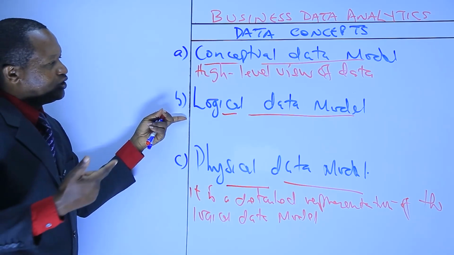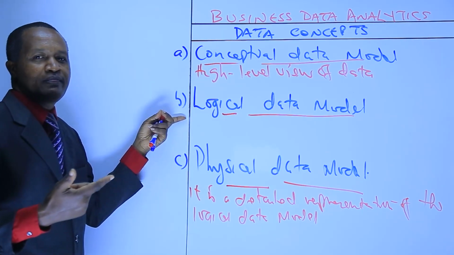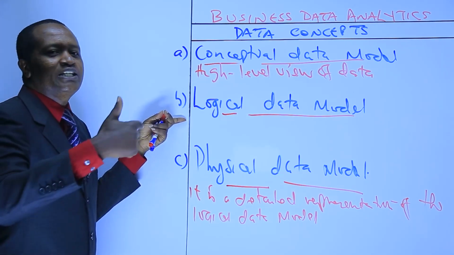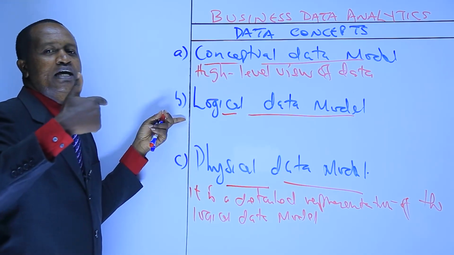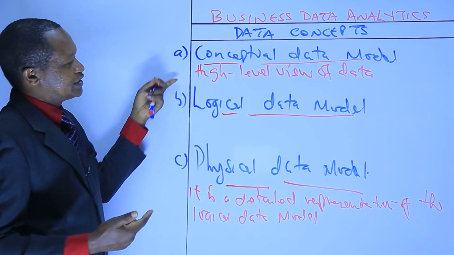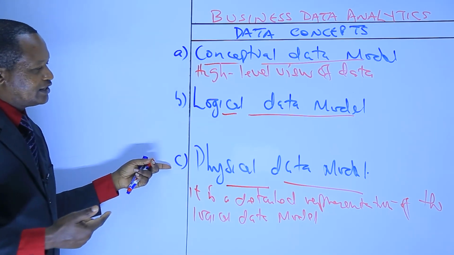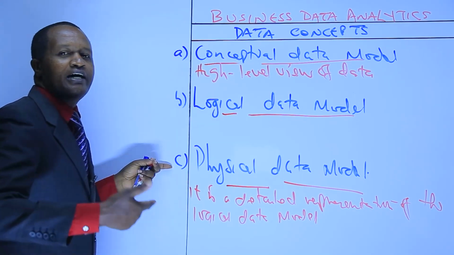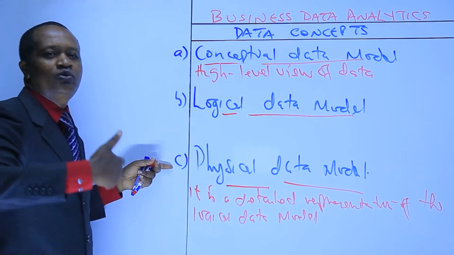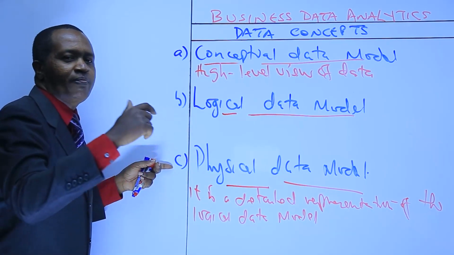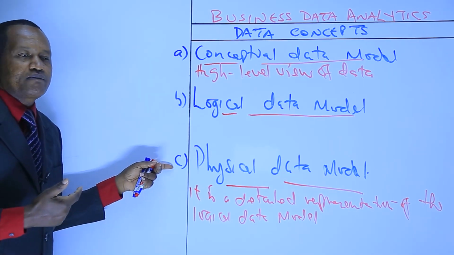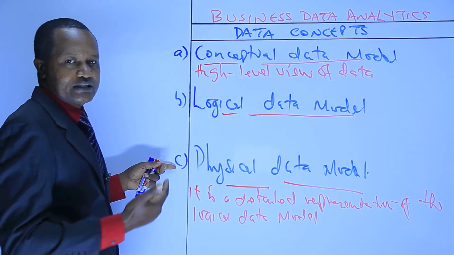Then the logical data model adds technical details and structures to this conceptual data model. Then the physical data model specifies the details of how the data is stored and accessed.